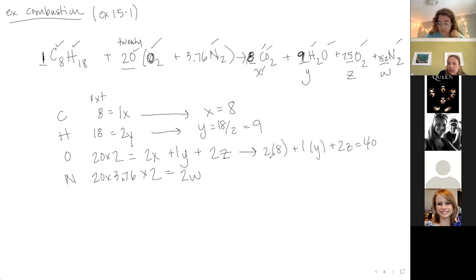So 16 plus, oh I'm sorry, this should be 9, I should have typed in 9 because I know what Y is. 16 plus 9 subtracted from 40 is 15, divided by 2. So Z equals 15 over 2, which is this 7.5. And now these 2's are going to cancel, so 20 times 3.76 is 75.2, which is equal to W. Therefore, W is 75.2.